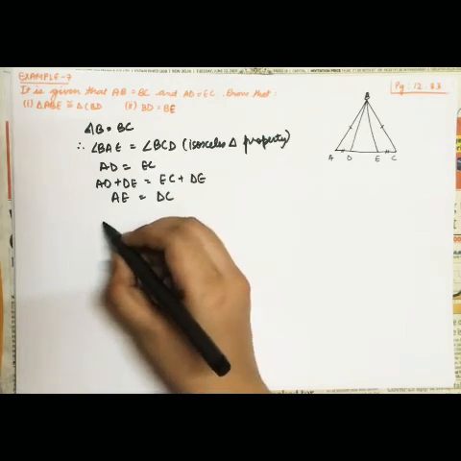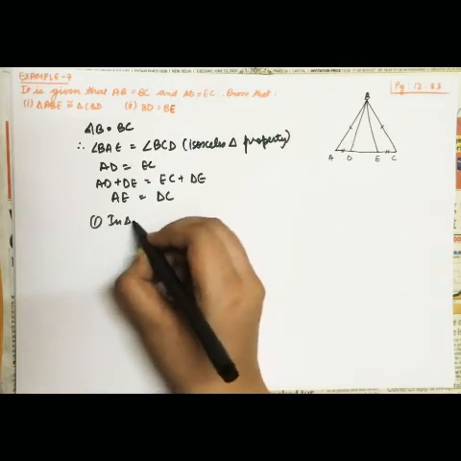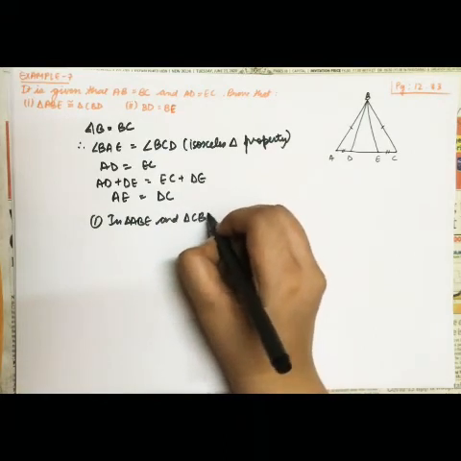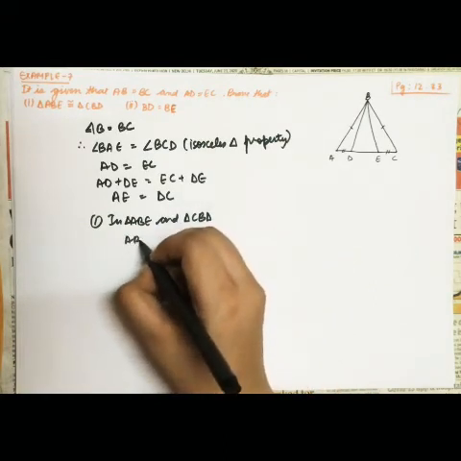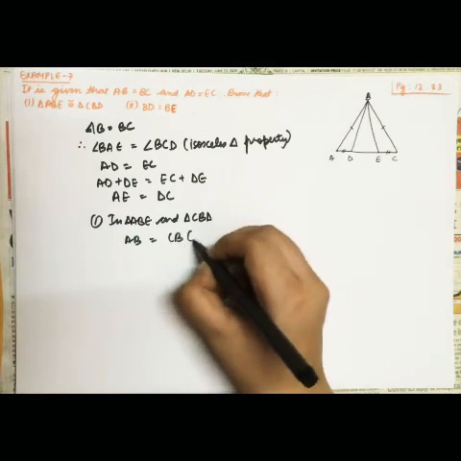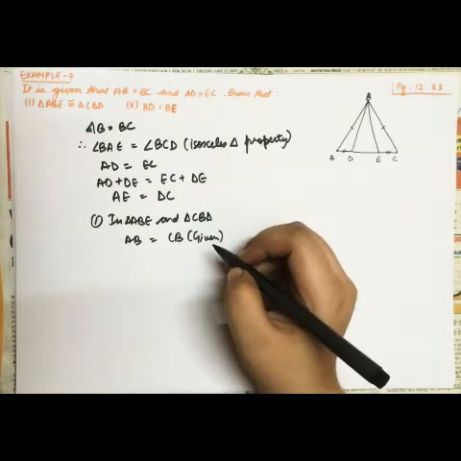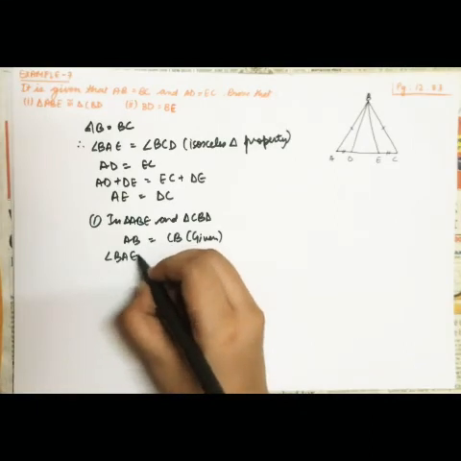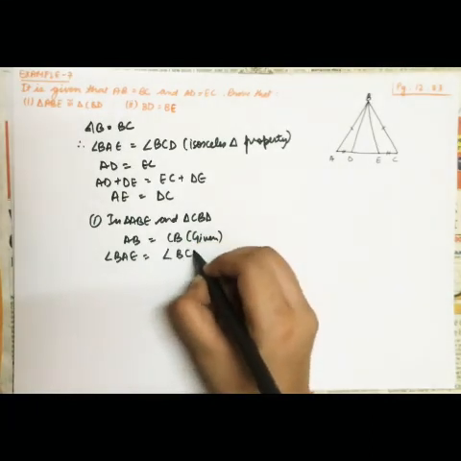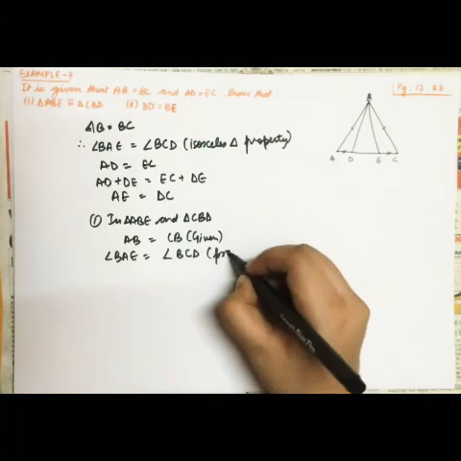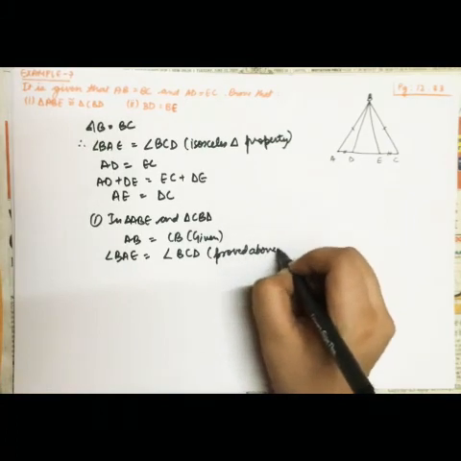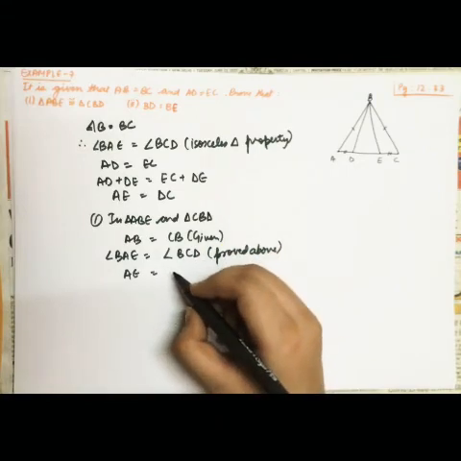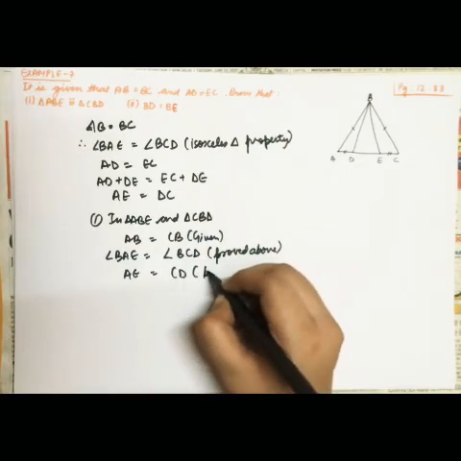Now in triangle ABE and triangle CBD, AB is equal to CB, which is given to us, and angle BAE is equal to angle BCD, which we have proved, and AE is equal to CD, which we have proved.